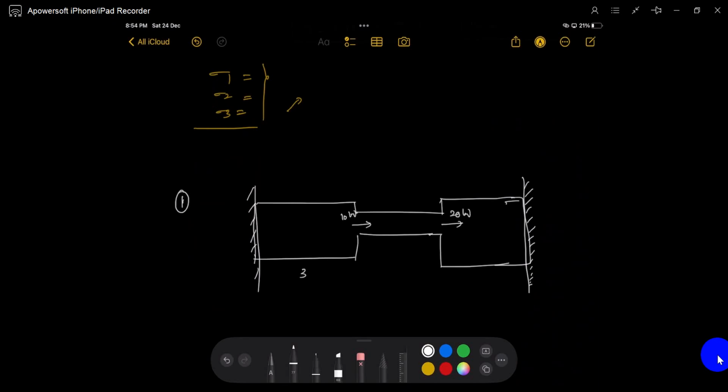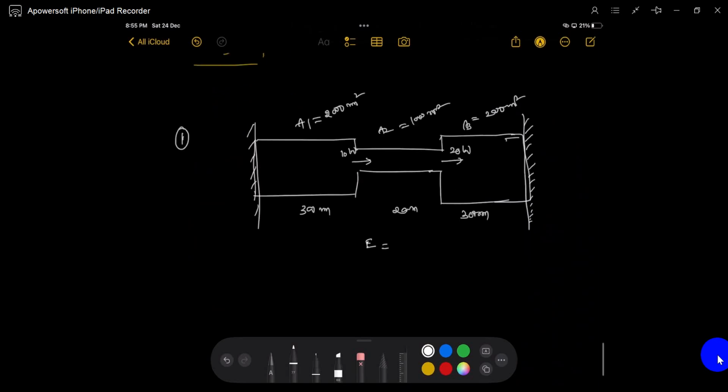Its lengths are 300 mm, 200 mm, 300 mm. Areas are A1, A2, A3: 2000 mm square, 2000 mm square, and 1000 mm square. So Young's modulus is something.